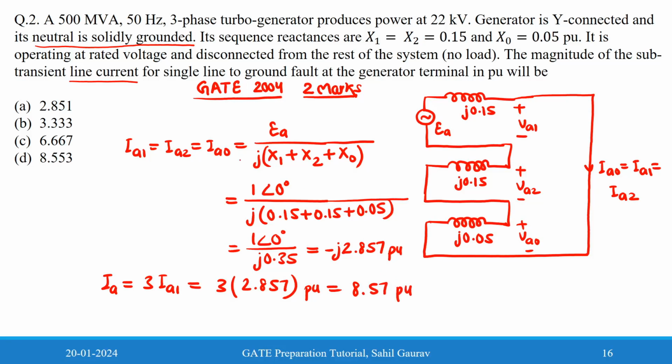So it is approximately close to option D, 8.553. It is one of the easiest problems on the LG fault, and it is of 2 marks.